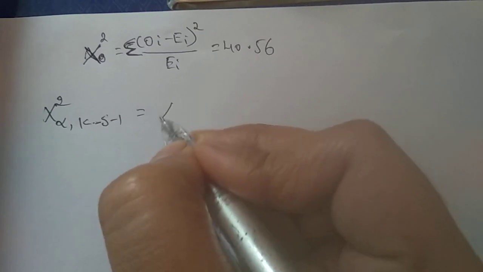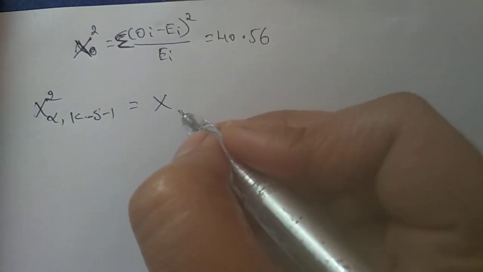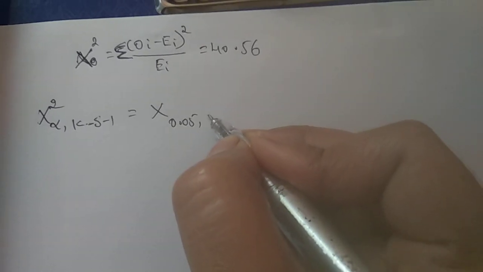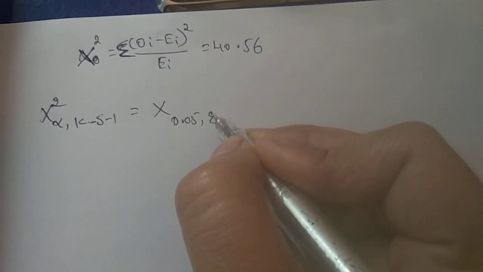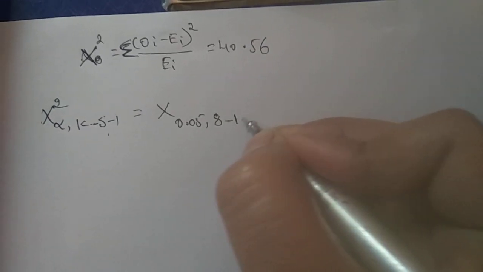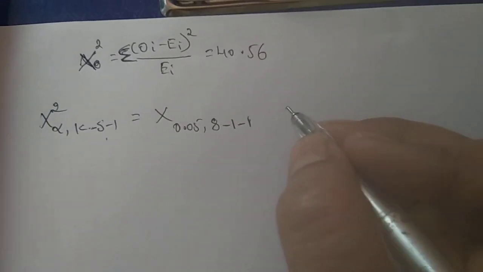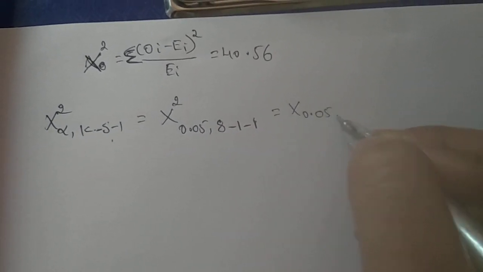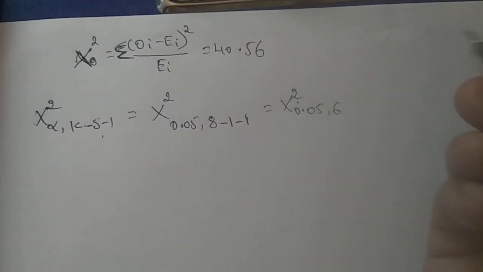So what is the alpha value? It is given in the question. It is 0.05. What is the k value? The k value is 8. Yes, the number of parameters we are using is only 1, minus 1. Now you have to find out 0.05 comma 6 whole square.